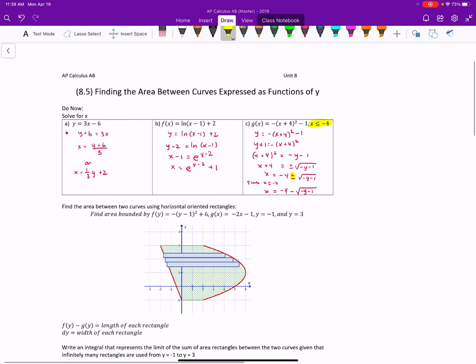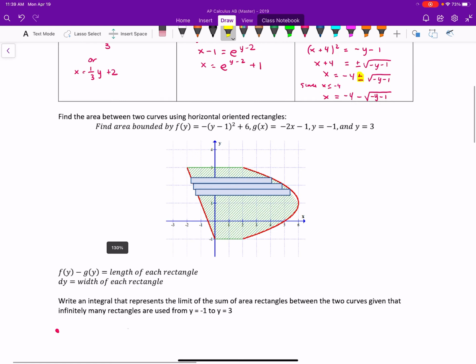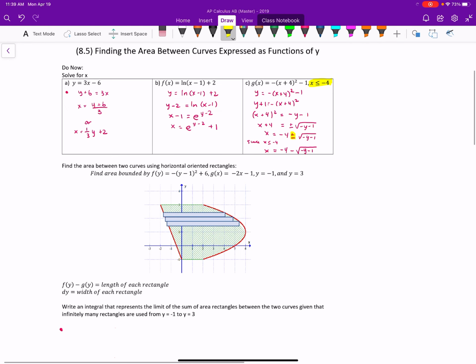Okay. So finding the area between two curves using horizontally oriented rectangles. Now the lower boundary will be down here at, in this case, -1, and the upper boundary will be at +3. And instead of having dx, I'm using a dy.